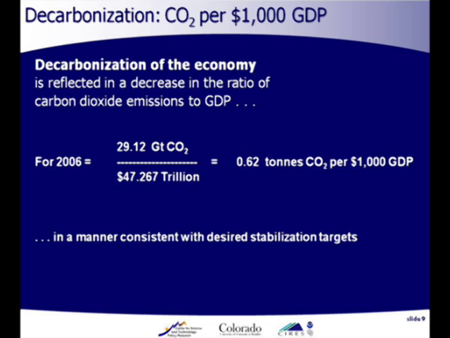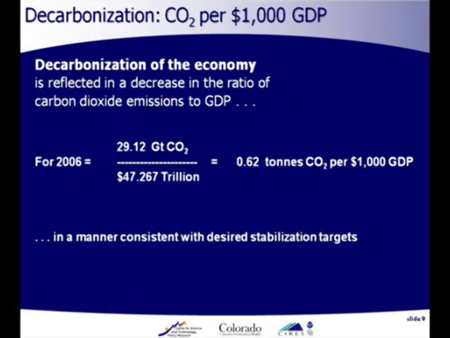So decarbonization of the economy is reflected in a decrease in the ratio of carbon dioxide to GDP. And so here's 2006 numbers, which are the last numbers for which data is reliably available around the world. There's about 29 gigatons of carbon dioxide emitted and $47 trillion of global GDP. And that gives us this ratio of 0.62 tons of CO2 per $1,000 of GDP.